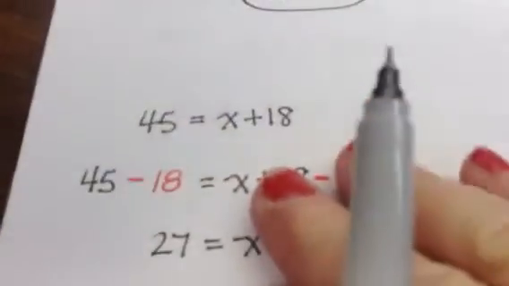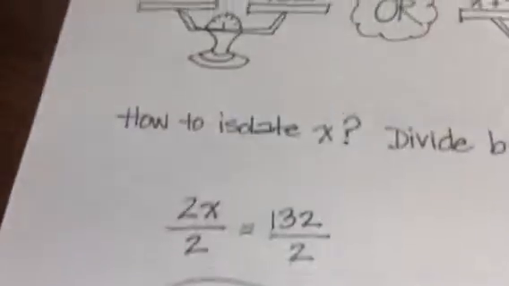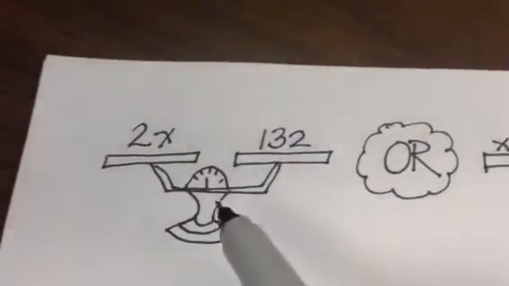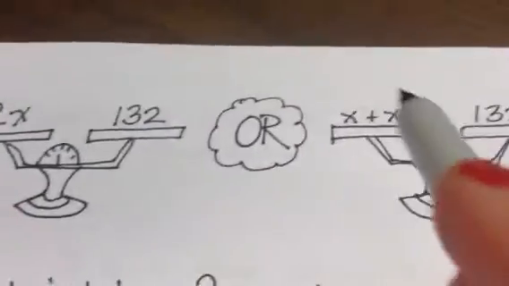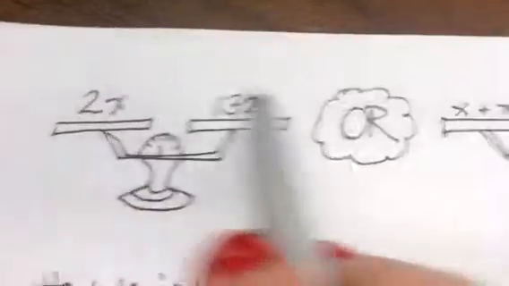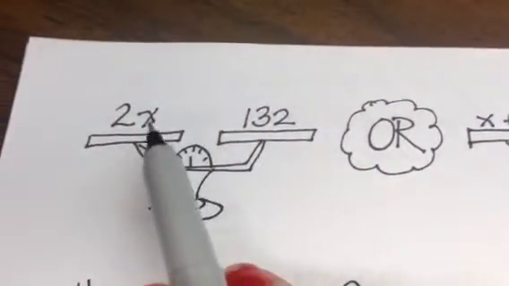Okay? All right, let me show you a couple more. So 2x, 2 times x equals 132. So you could think of it as x plus x equals 132. They're perfectly balanced because I'm telling you they are what? Equal. But I need to isolate that x.